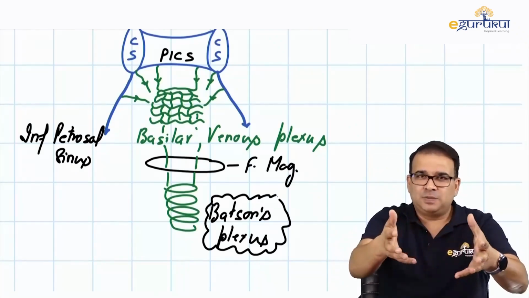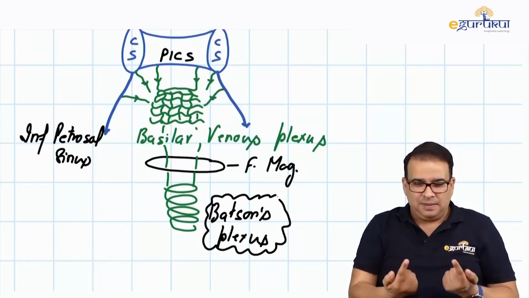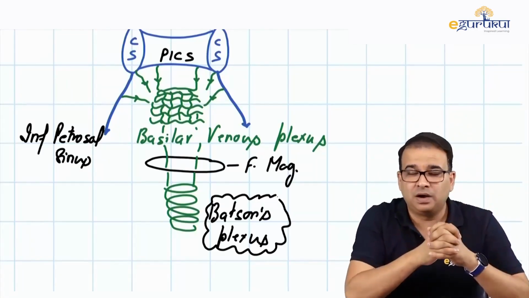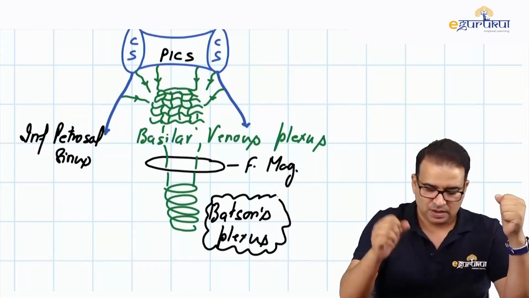The vesicular venous plexus around the prostate is connected to the Batson's plexus behind. Batson's plexus goes above and it is connected directly to this basilar venous plexus. So this shows all connections in there.